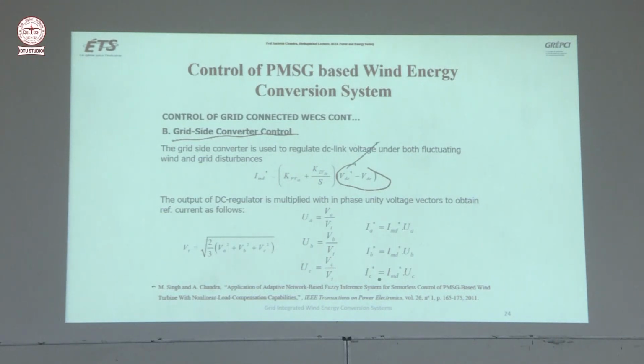We had the reference DC link voltage, measured DC link voltage, PI control, and it will give you the amplitude reference of the current.